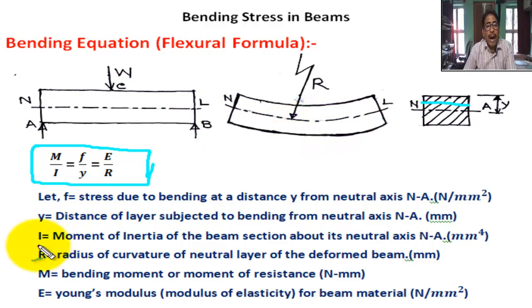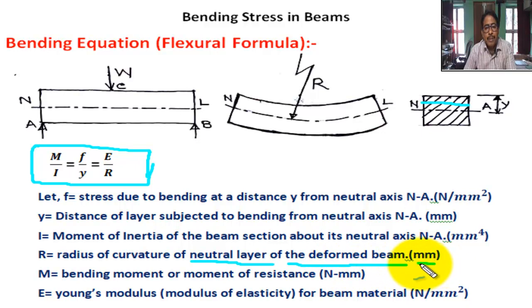Now, I is equal to the moment of inertia of the beam section about the neutral axis NA. This is the cross section of the beam. The unit of I, moment of inertia, is millimeter to the power 4. R is the radius of curvature of the neutral layer of the deformed beam.